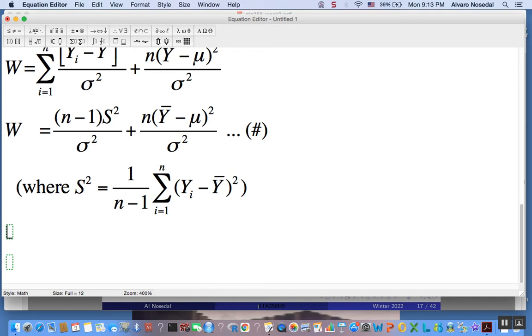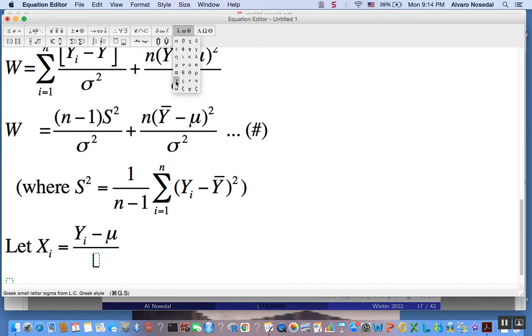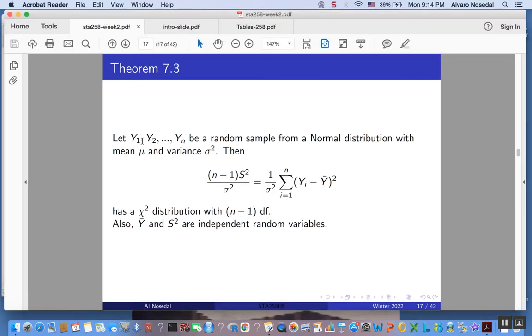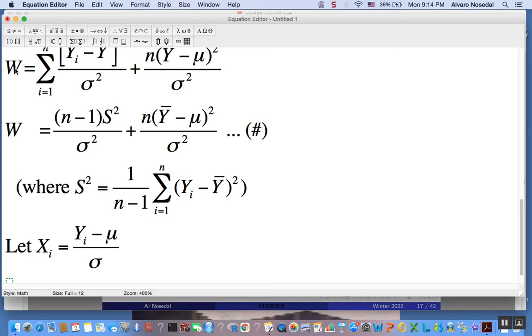If we let xi, let's call it xi, we're already using yi for something else, be just the following quantity, yi minus mu divided by sigma, clearly, given our assumptions, xi has a normal distribution with mean 0 and variance 1.